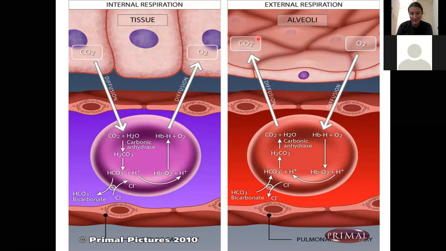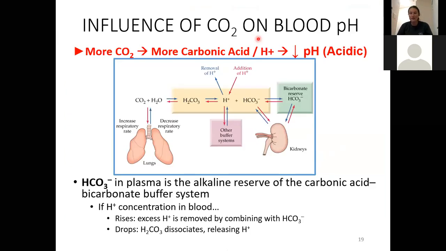All right. And so here we see the same reaction: CO2, carbonic acid, bicarbonate, and hydrogen ions. All along I've been telling you that the respiratory system can affect the body's pH, or the blood pH, and we haven't really explored very much how that is possible.